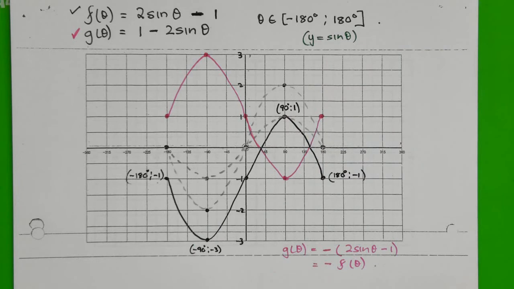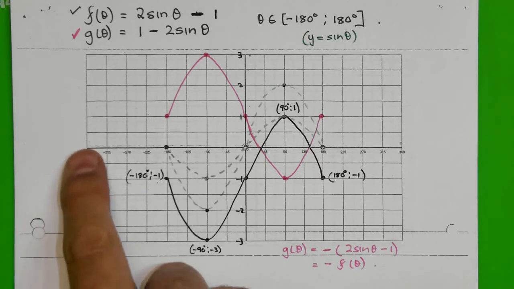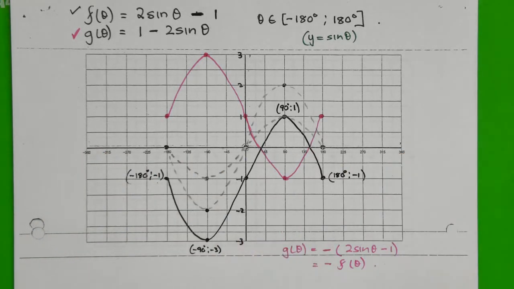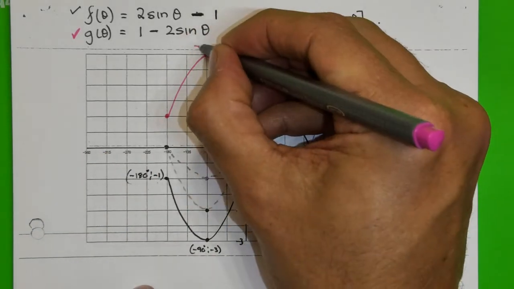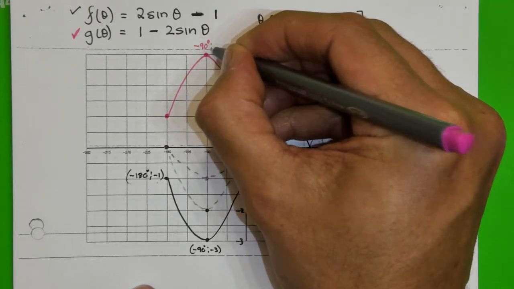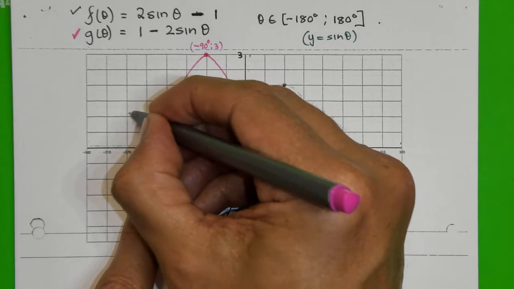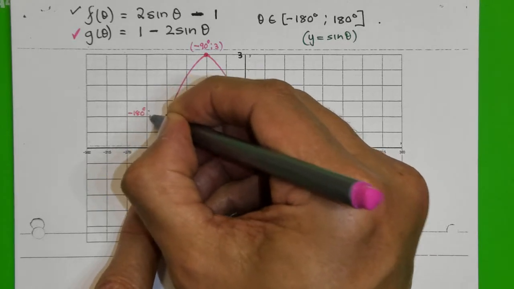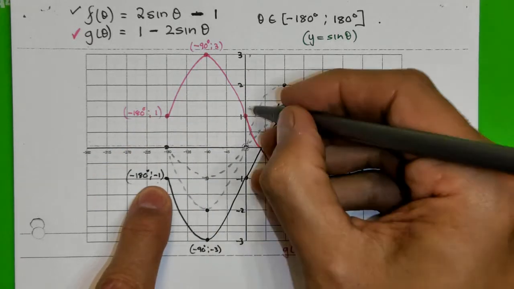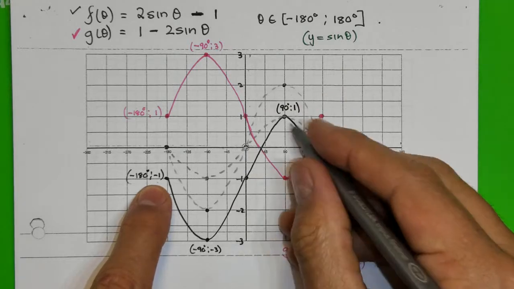Okay, now folks, you can see the beautiful symmetry in the pink graph and in the black graph. They are symmetric in the mirror line through which they were reflected. Here the x values all stayed the same, the y values just reflected over the x-axis. That's quite clear what happened there.